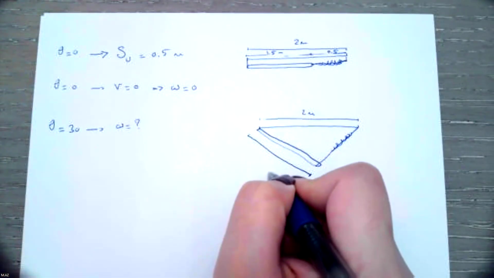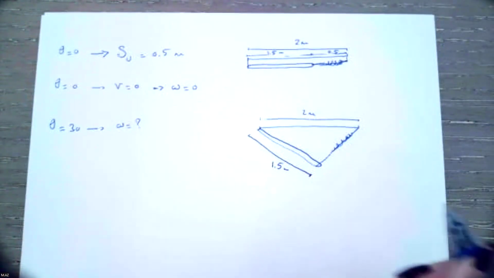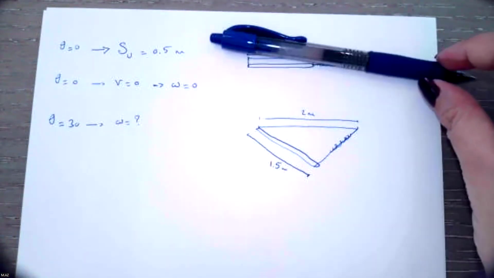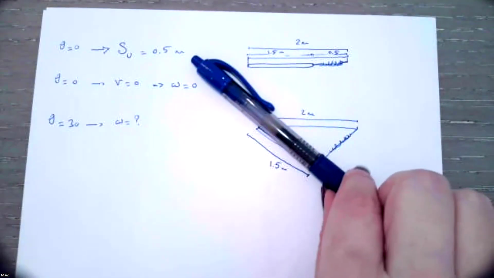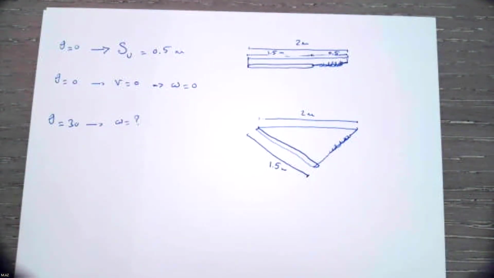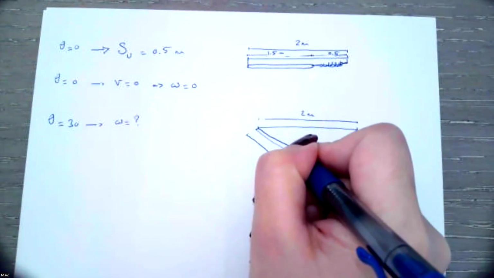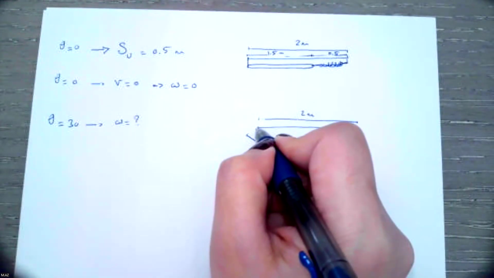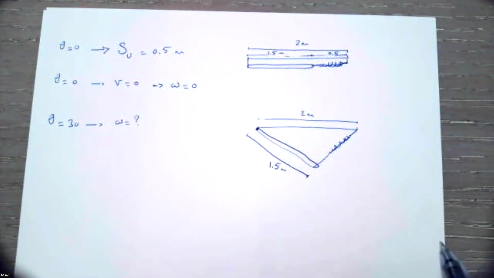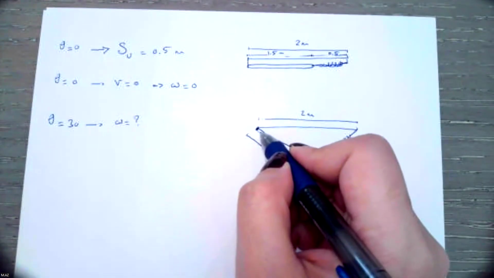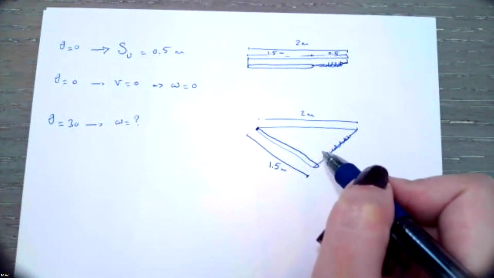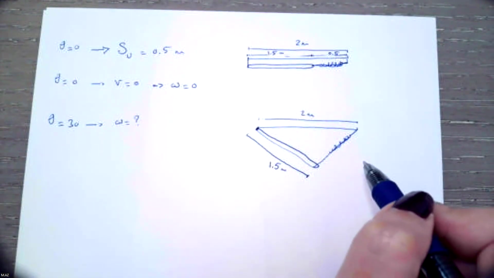The length of the rod is 1.5 meters, and as you can see, when the rod is rotated it has a rotation plus translation, for all the points except the point that is connected here. This point just has a rotation, but other points of the rod have translation plus rotation.